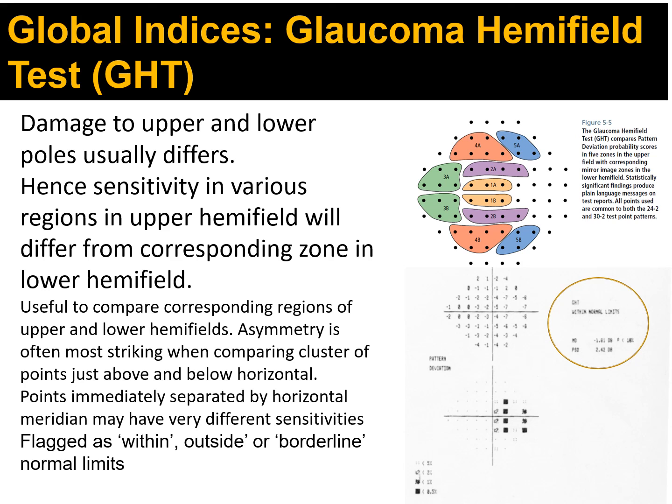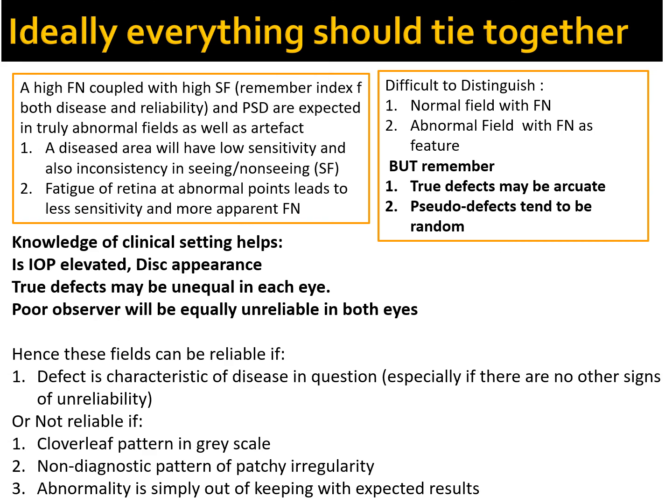So it's very important to compare corresponding regions of the upper and lower hemifields, and asymmetry is often striking when comparing a cluster of points above and below the horizontal. And it again will be flagged as within or outside or borderline of normal limits. So it's a very, very good test for glaucoma. Obviously, it's targeting glaucoma.